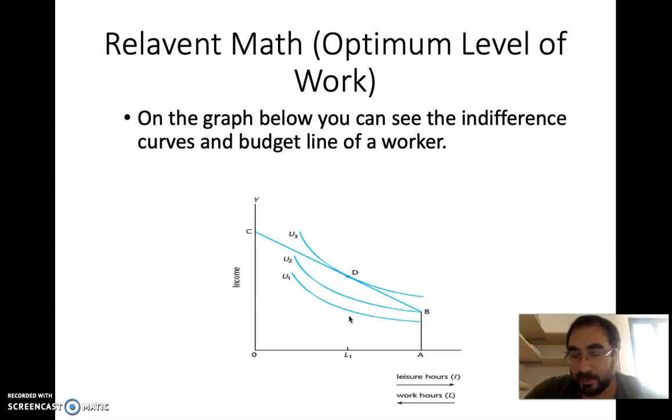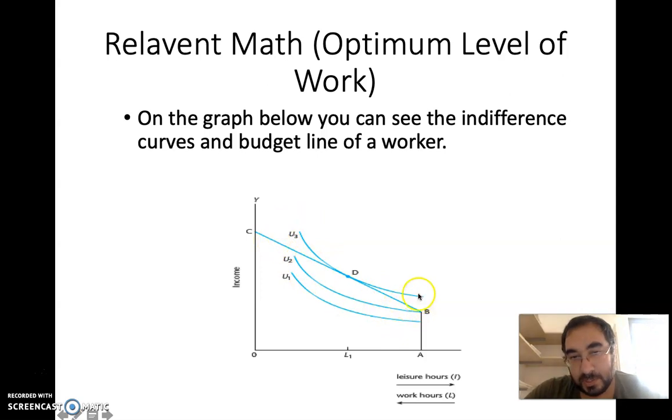And in a very abstract sense, our worker will prefer to work L3 to L1 time and sell this amount of labor, and basically the employers buy from him this amount of labor. Of course, we can still use the model if, for example, our worker is offered to work L4 time, which might be represented by this point, or working zero amount.